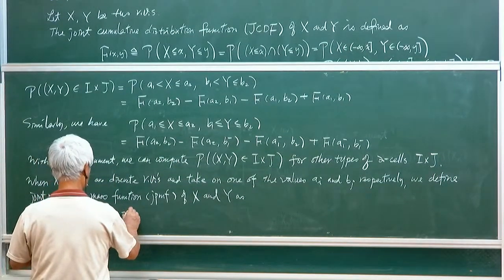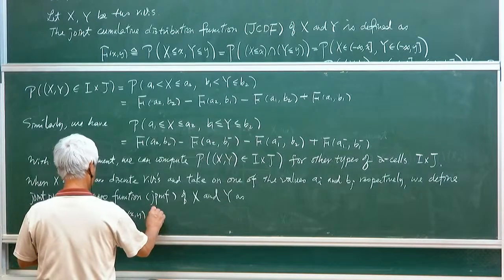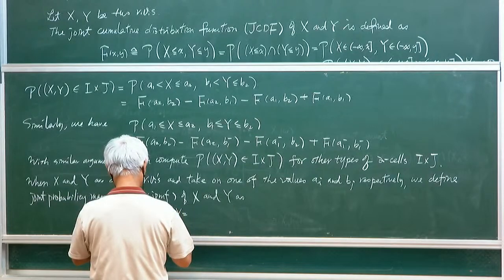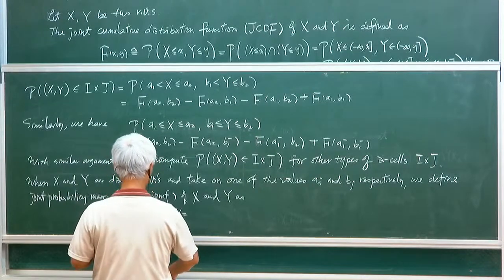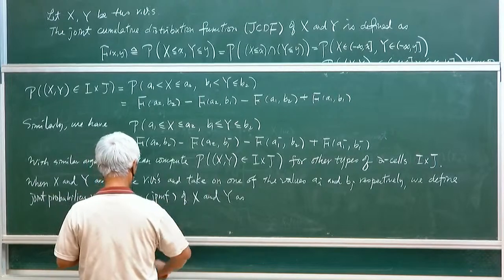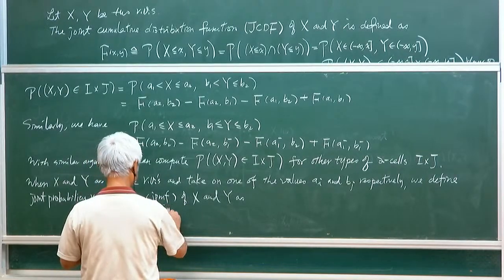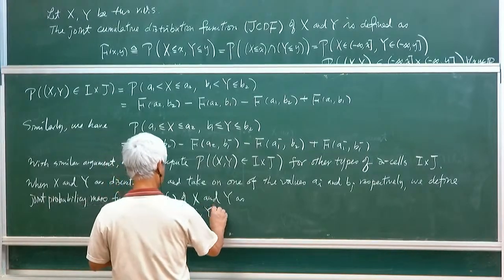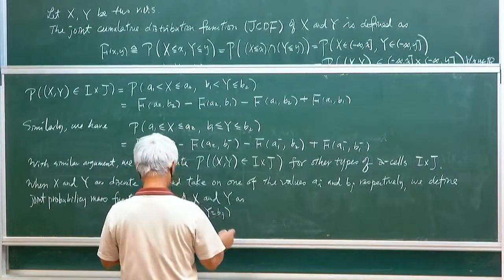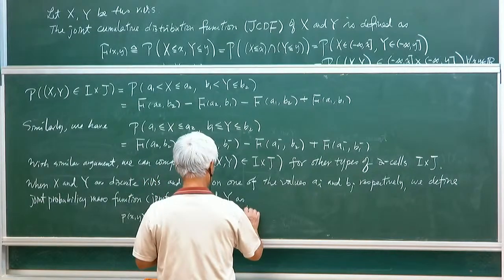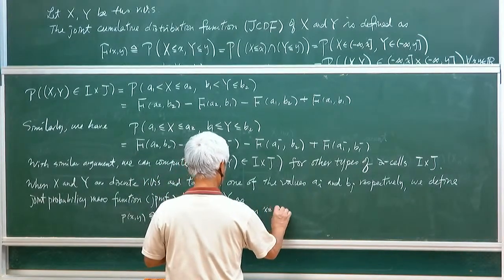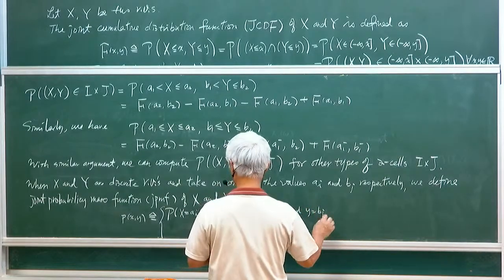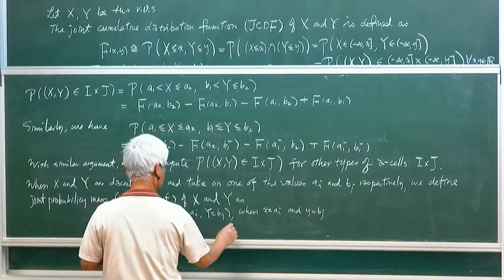So the P xy is defined to be the probability that x equal to a sub i, y equal to b sub j, when x equals a sub i and y equals b sub j, and 0 otherwise.